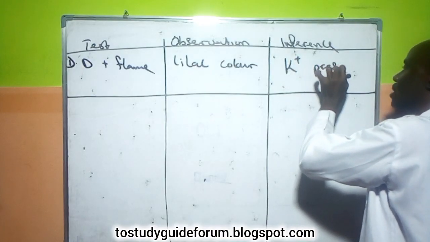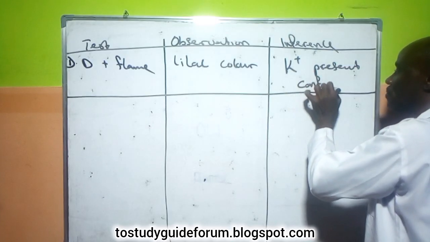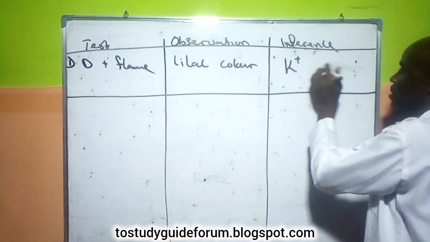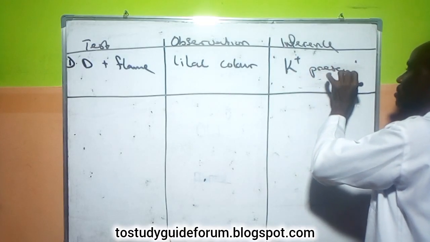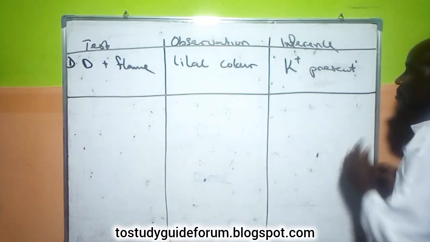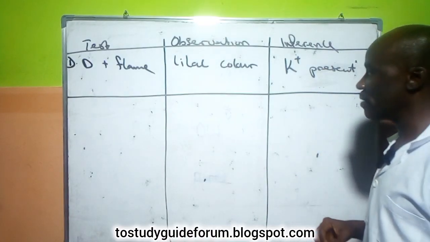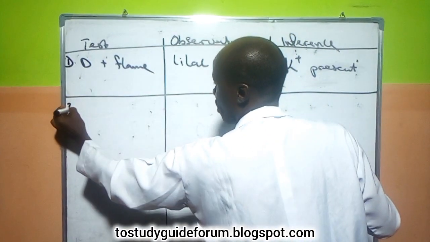In this case, you can also say confirmed, maybe, because there's no other ion for it. Let's go with presence. Potassium ion was present.